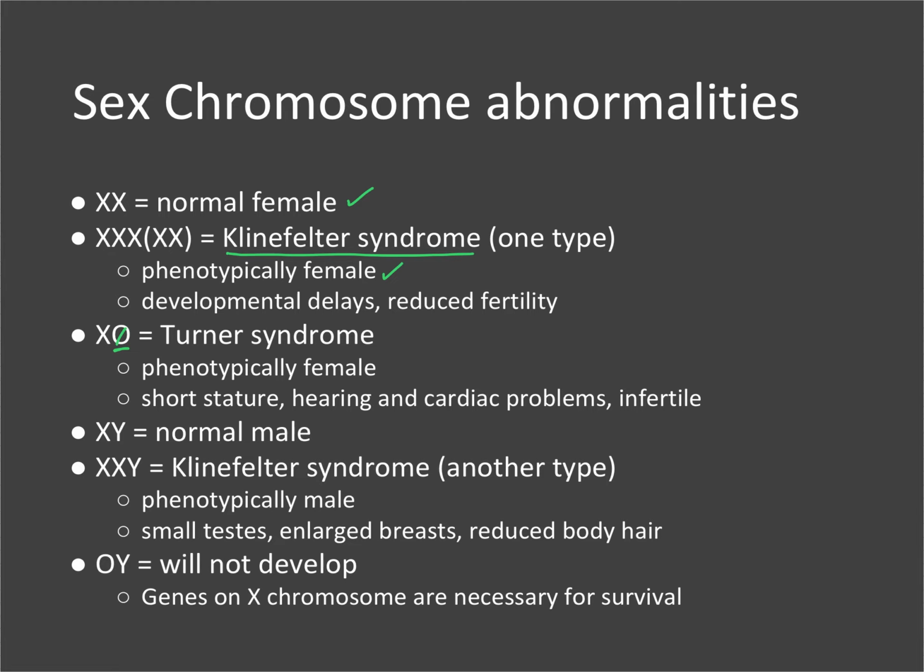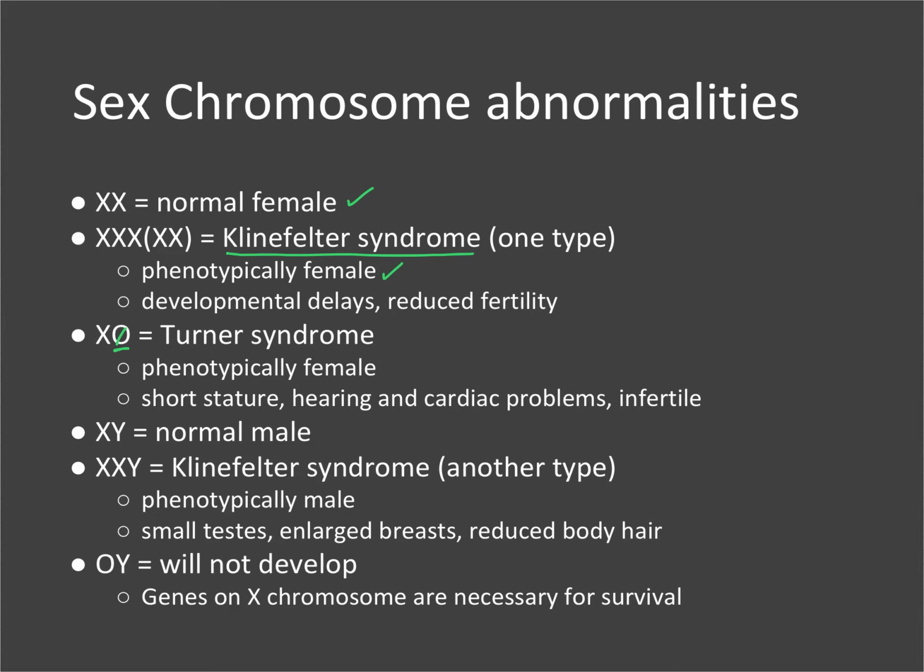They tend to be shorter in stature, they might develop hearing and cardiac problems, and they are typically infertile. Now, interestingly, individuals might not be diagnosed with Turner syndrome until they reach puberty, and that's because they develop as normal females, but they do not go through puberty properly. And they might need some help with extrinsic hormones in order to force the body to go through puberty.